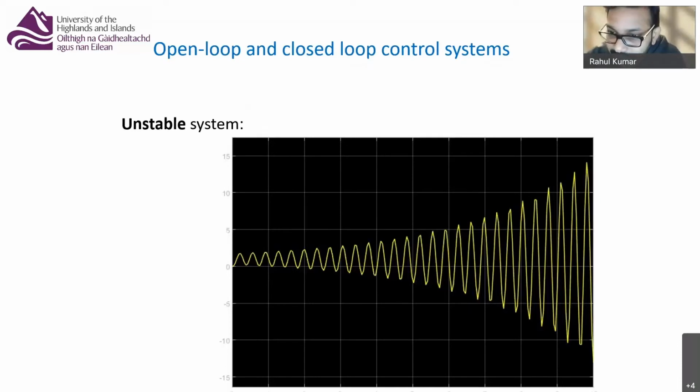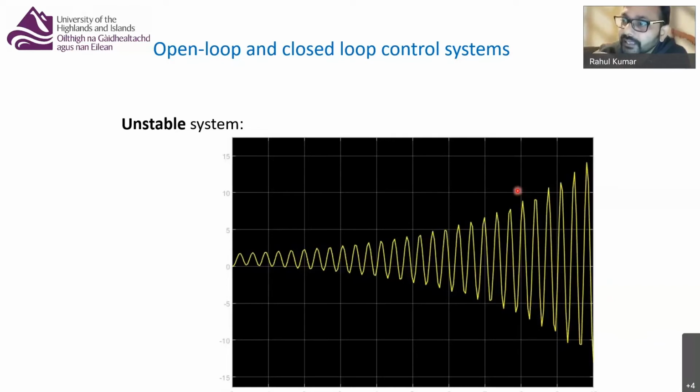Initially there was some error, maybe 3 or 2 volts at the beginning, but then it gradually increased all the way because you have a positive feedback and the error is getting added up, amplifying the error in the output. Okay, so if you have positive feedback, your oscillations or this error will increase.